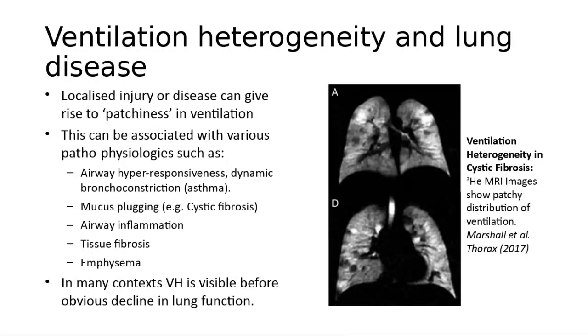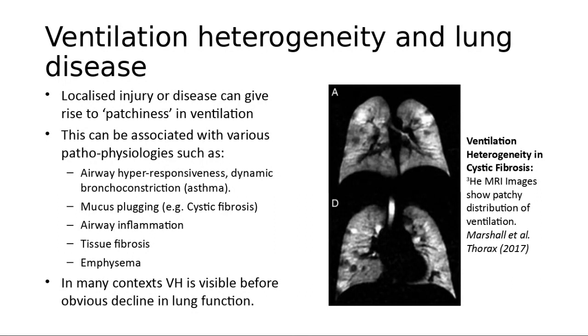In lung disease, there are lots of things that can go wrong, but one particular side effect, particularly in early stages, that is a potential warning sign that things are going wrong, is that you get localized patches of poor ventilation in the lung.